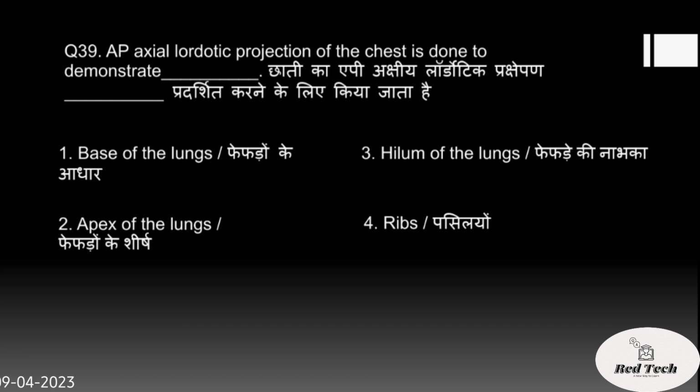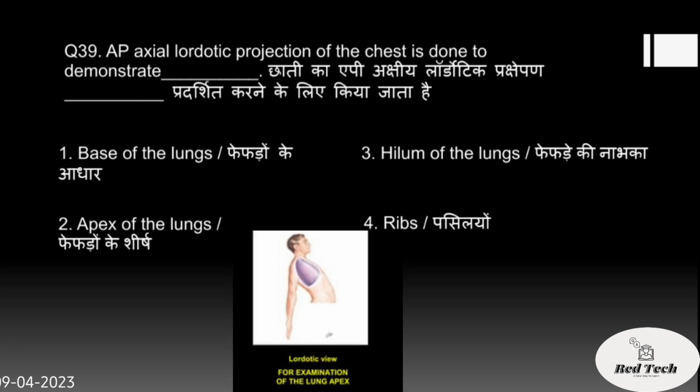In the AP axial lordotic projection of the chest, we do this projection in AP, and the back of the patient is against the cassette or the detector. The body below the diaphragm level, the stomach area, is brought forward, and the upper portion of the body is against the film.